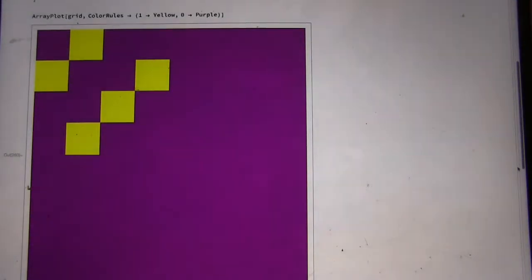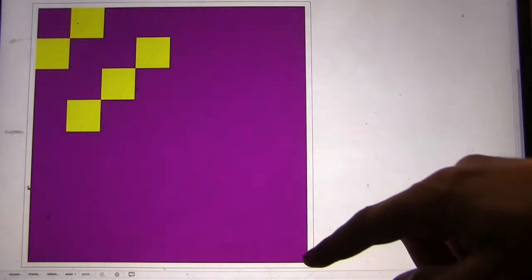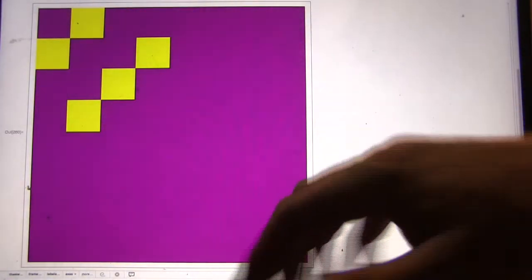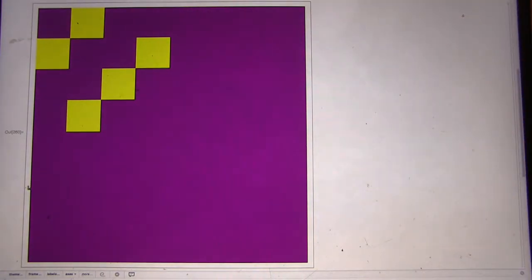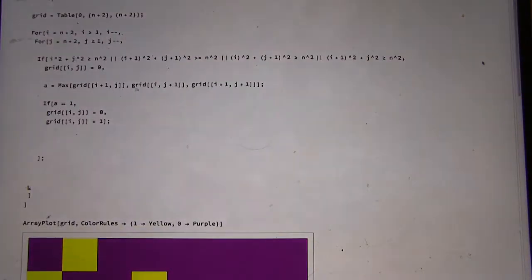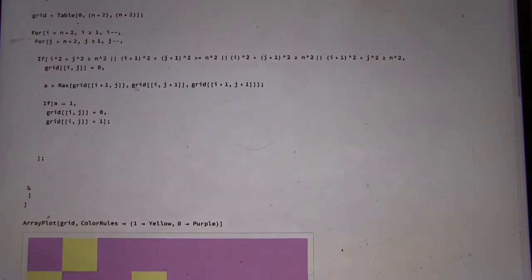If I extended this out, what would happen if I made the grids bigger? They would always be outside the circle. Right? Okay, so now you tell me a size you want to look at. Maybe 15 by 15. What are you expecting to see in the 15 by 15?